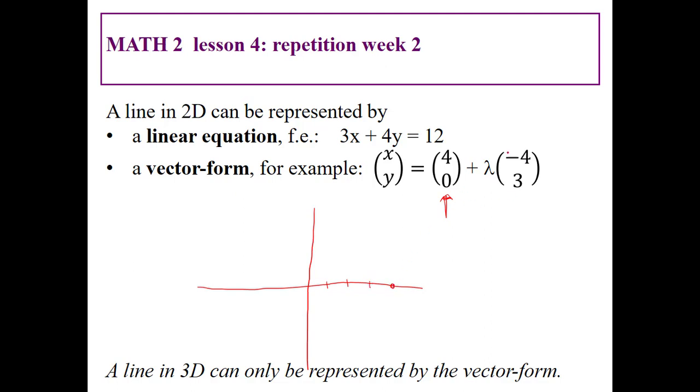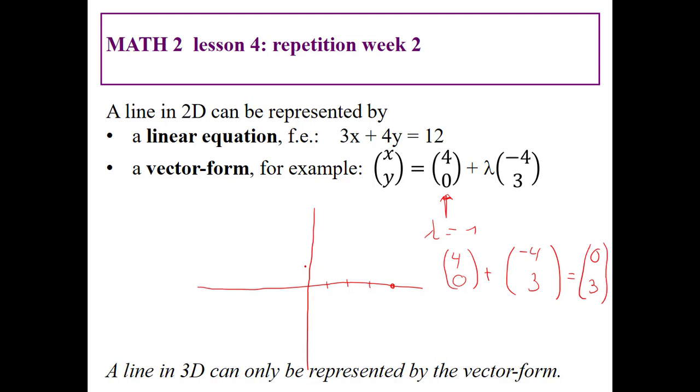And then any other point can be found by using lambda with a specific value multiplied with minus 4, 3. So let's choose lambda being 1. Then the second point we can find is 4, 0 plus 1 times minus 4, 3. So that would give us the 0, 3.